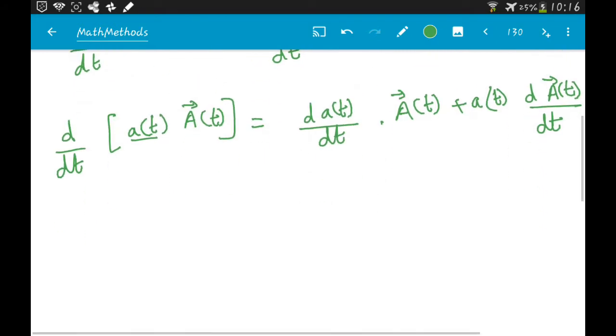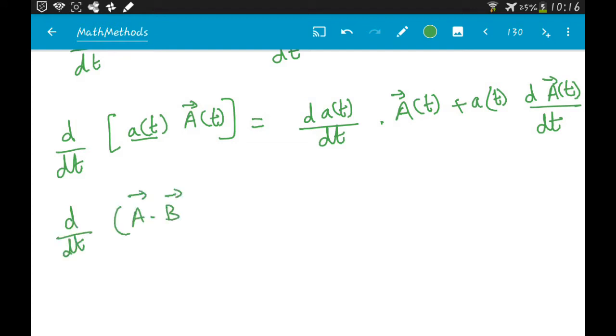And suppose you want to take the differential of a dot product. Then you will again apply the chain rule as you normally do.